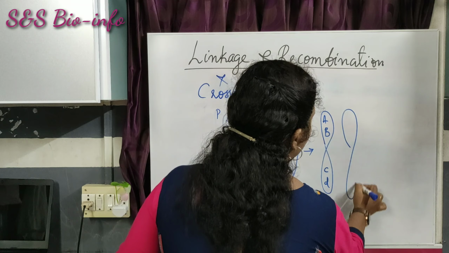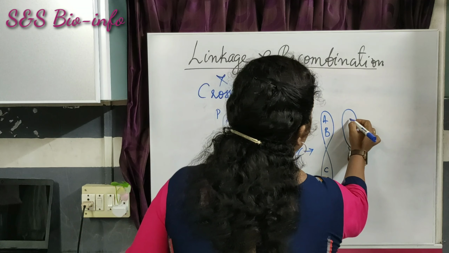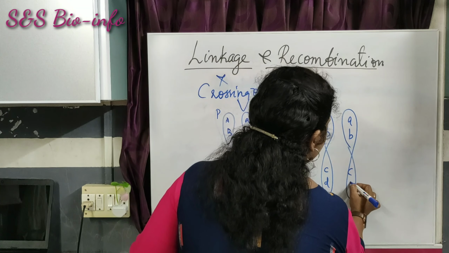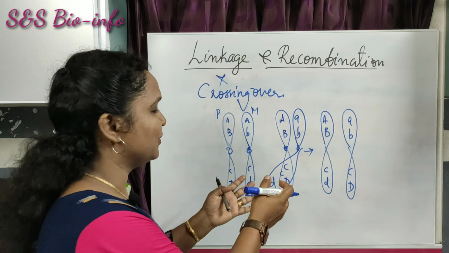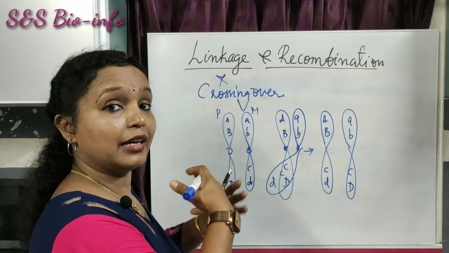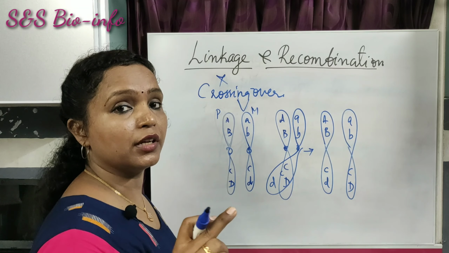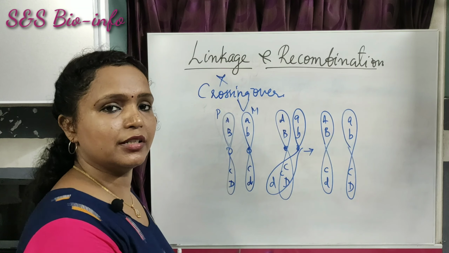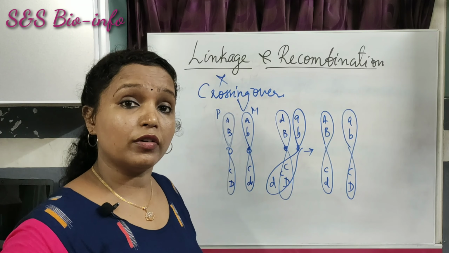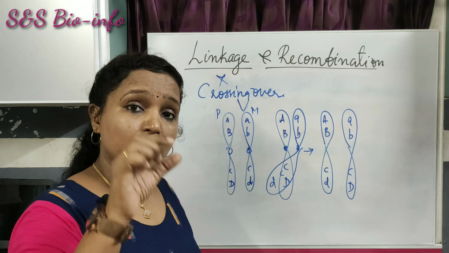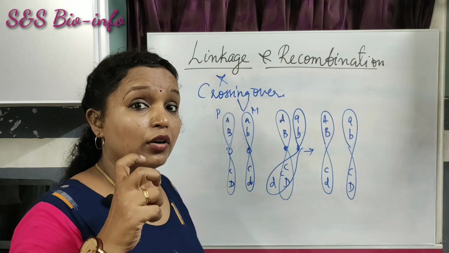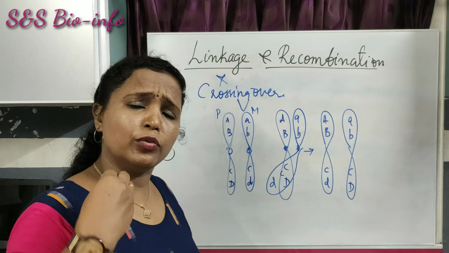The next chromosome with small a, b, then capital C and D. So there is an exchange of genetic material between the non-sister chromatids of the homologous pair of chromosomes. That is called crossing over. Crossing over can occur at different points on the homologous chromosomes, at different locations, one or more than one.